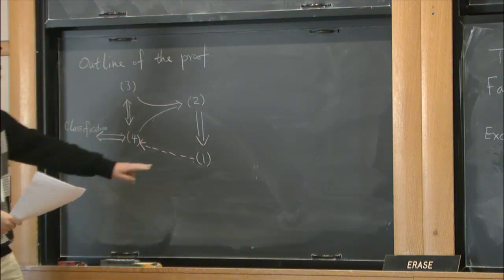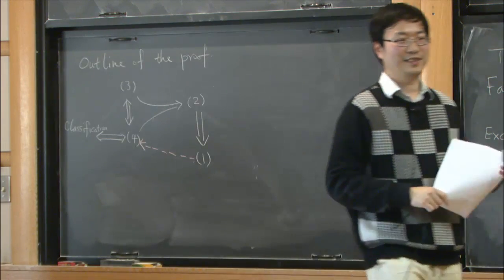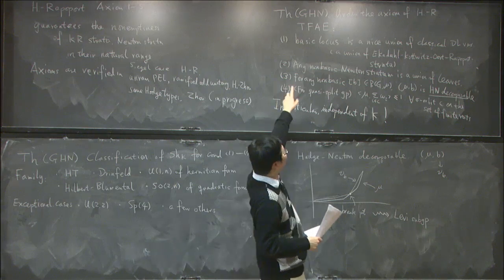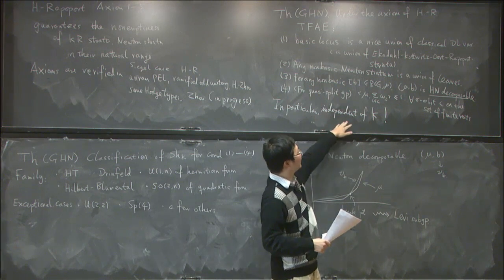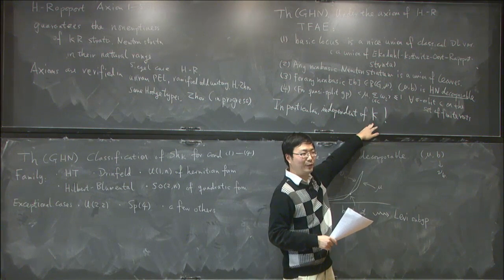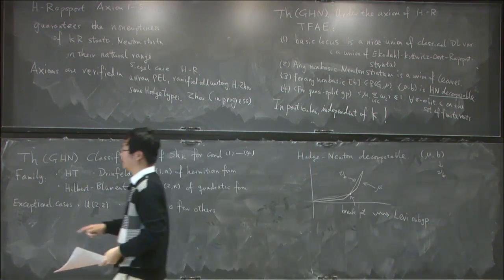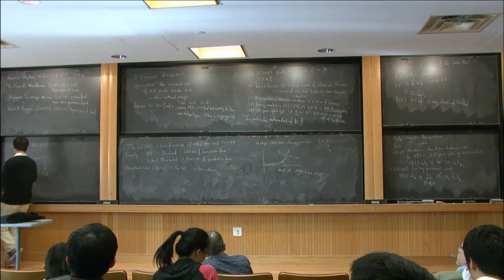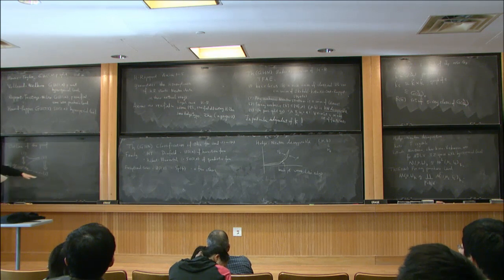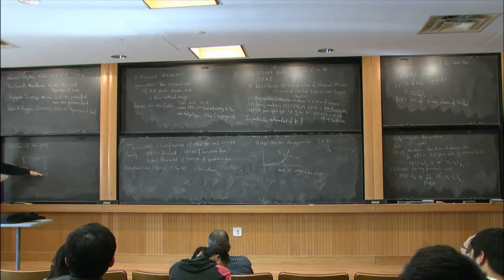And then 1 actually implies 4. So here, remember that 1 is a statement which involves the parahoric level structure K. And in fact, this last step is actually quite involved. And in fact, we have to do a case-by-case analysis for this.